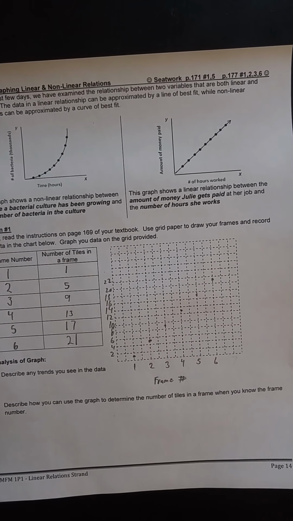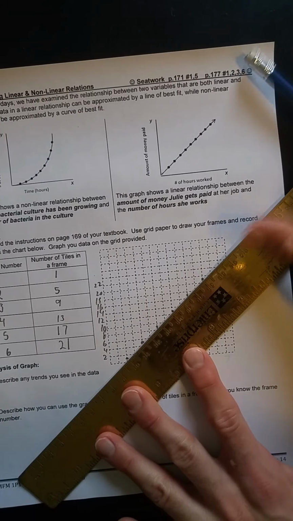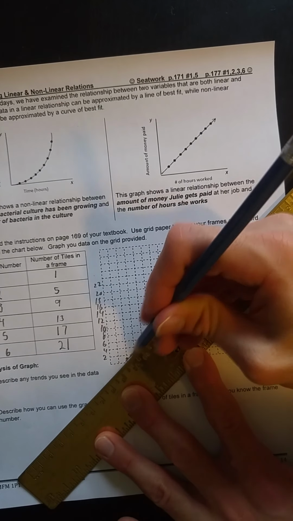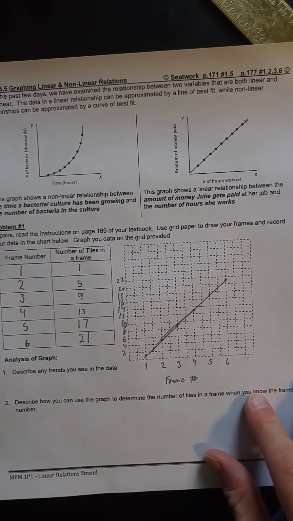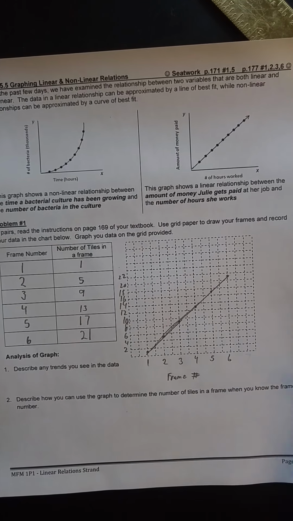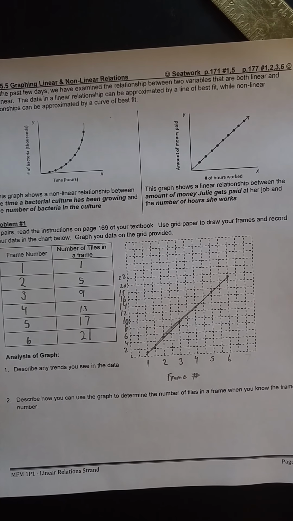As you can see, if I connect these, it's a linear relation. So we know it's a linear relation. Any trends? Okay, so as the frame number increases, number of tiles increases. Rising to the right, it's a linear relation.